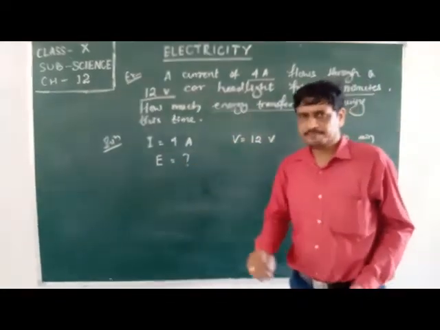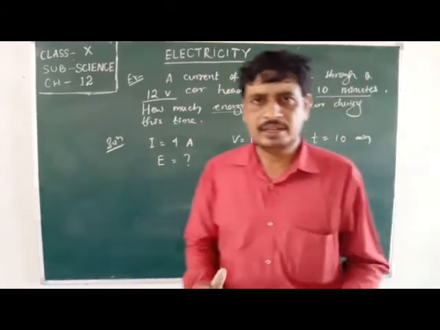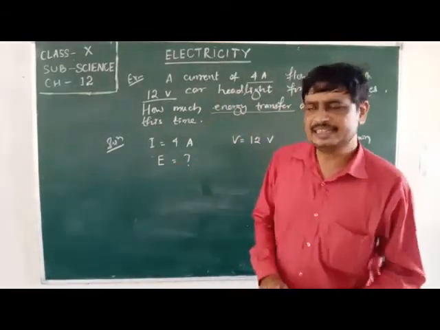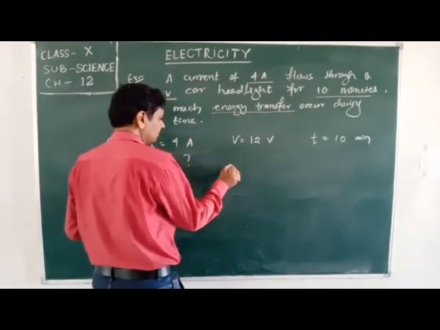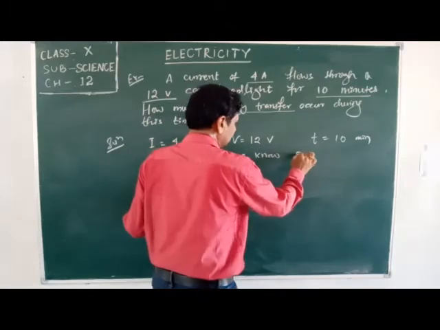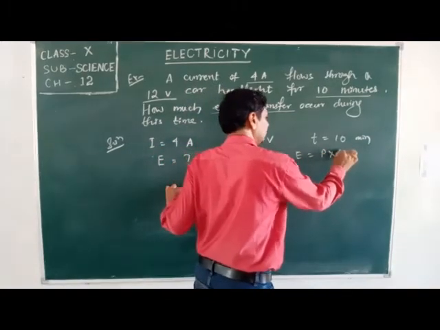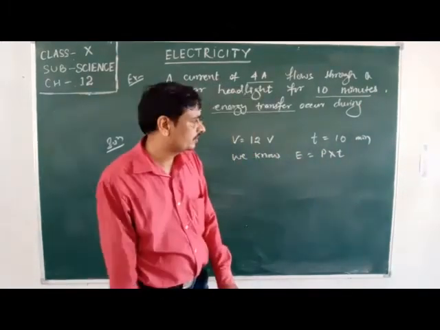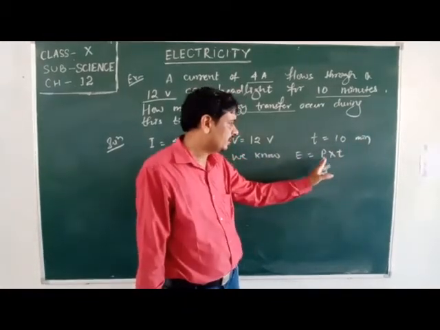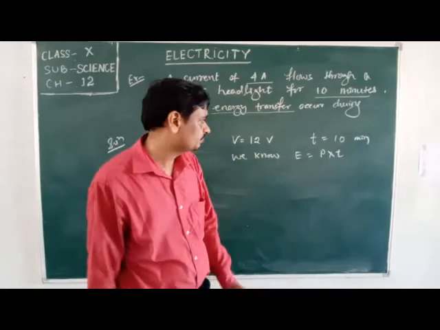To find it, we have a relation between energy, power and time, that is E is equal to P into T. We know E is equal to P into T, but we have only the value of T as 10 minutes, the power is not given here.